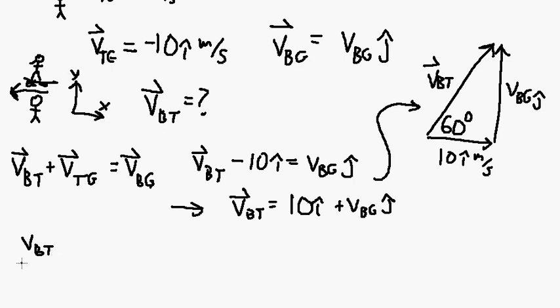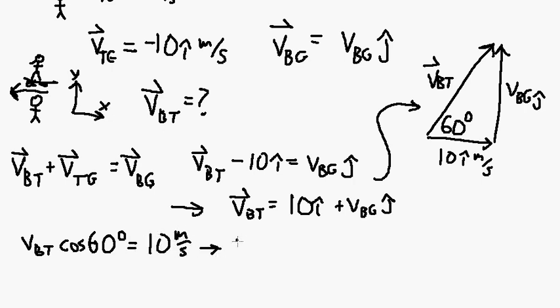So the magnitude of VBT times the cosine of 60 degrees equals 10 meters per second.